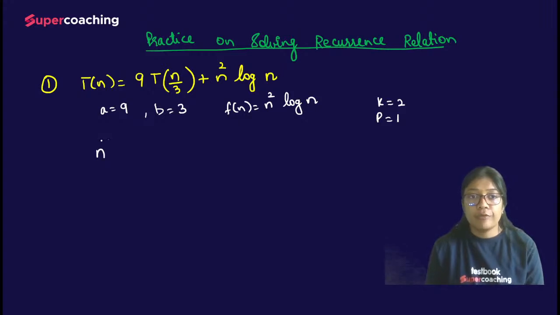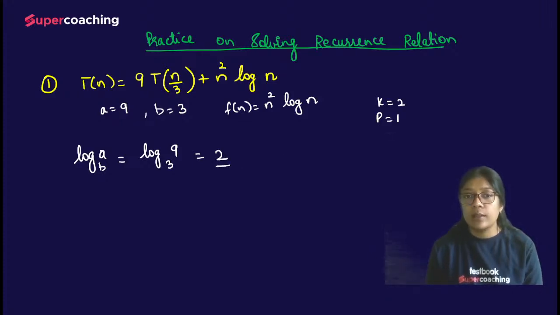Find out the value of n raised to power log a, or simply find out log a, because we are comparing it with k, log a with the base b. So what is this? This comes out to be log 9 with the base 3, that is nothing but 2.